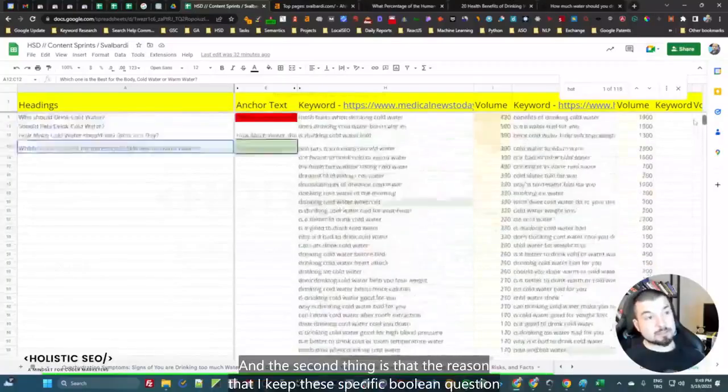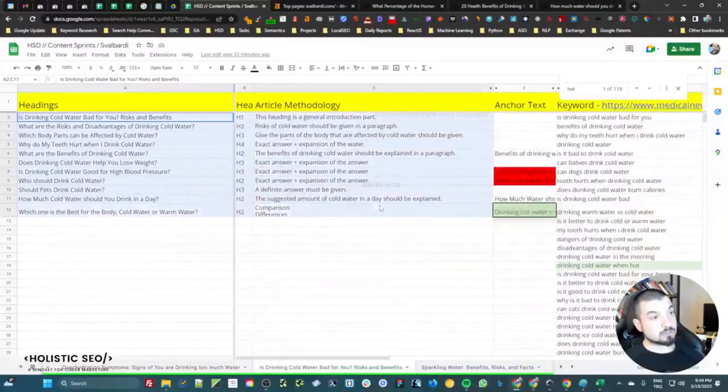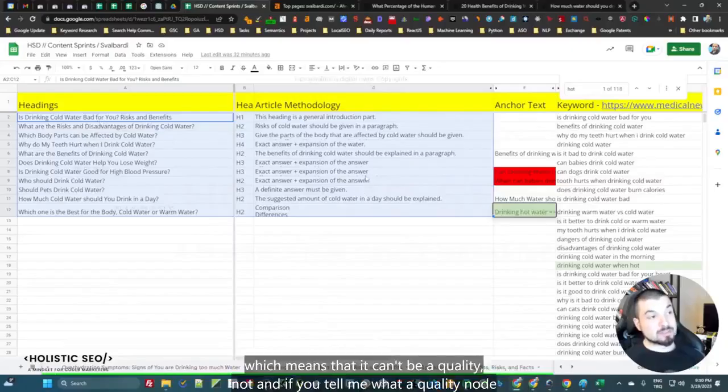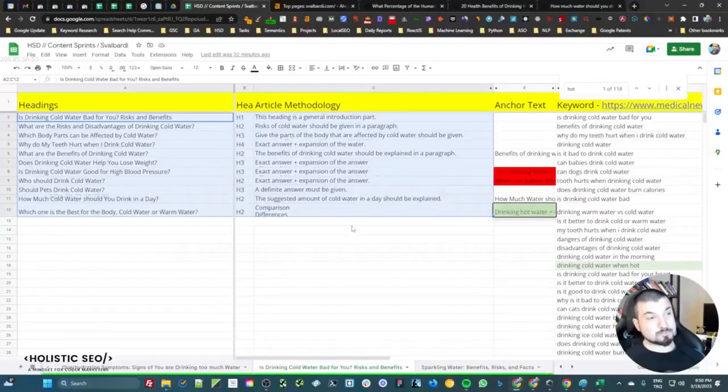And the second thing is that the reason I keep the specific Boolean question content brief short and dense is that it's not a quality note. It's basically just a single question answer page, which means that it can't be a quality note. And a quality note is the web page where we prove our quality and overall authority compared to the other websites.